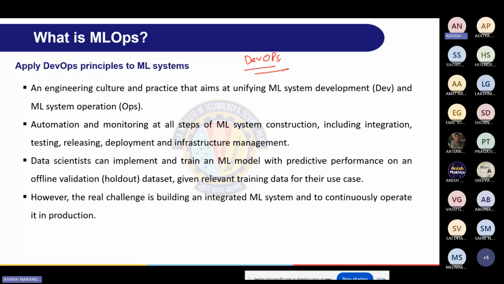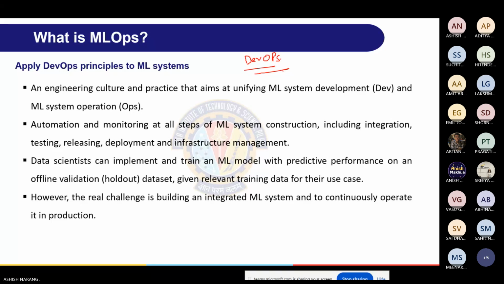If I talk about MLOps, it stands for machine learning operations. So what it combines is two aspects. One is development, the other is operation. The way the term DevOps was used, right? So Ops for machine learning systems. Now this is development and operations for machine learning systems. That is what MLOps is.